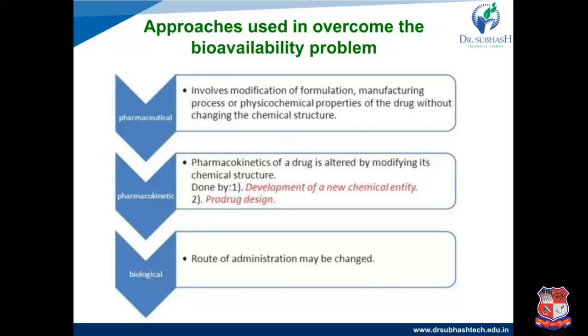We can go for modifications in the formulation part, a change in the formula or the manufacturing process, or we can modify the physicochemical properties of the drug without changing the chemical structure. In the pharmacokinetic approach, we can modify the chemical structure. We alter the chemical structure and we can solve those biological problems.